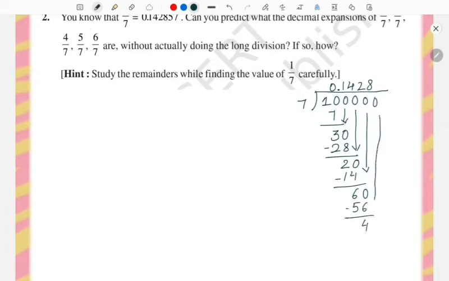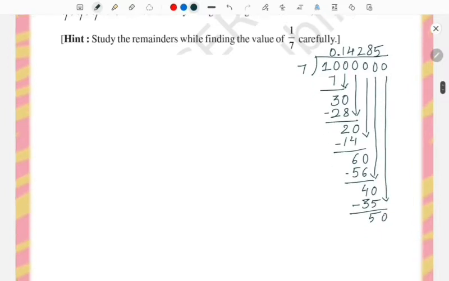Add another 0. This becomes 40. 7 5s is 35. The remainder would be 5. Add another 0. What do I get? 50. 7 7s is 49.